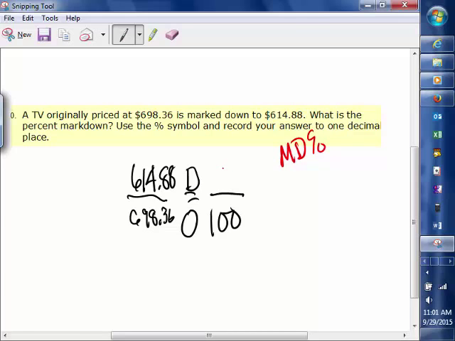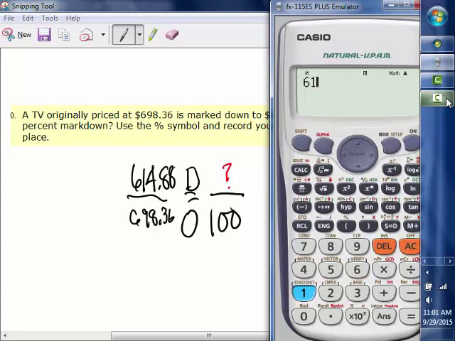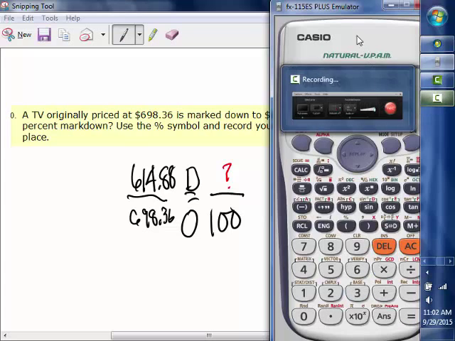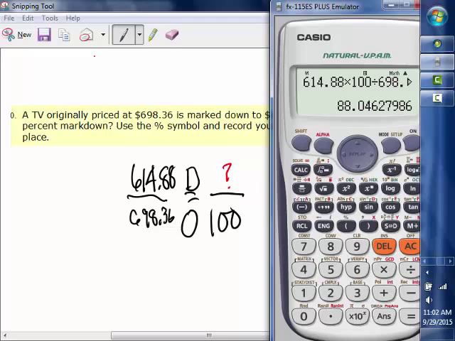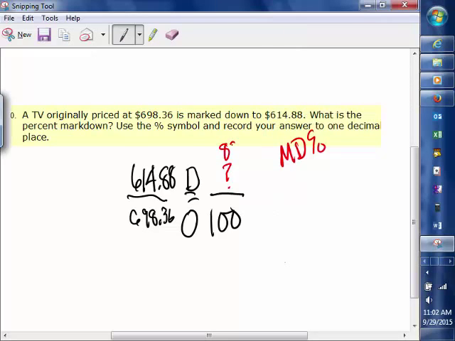Okay, so since we're looking for this number here, we're going to cross multiply and divide. 614.88 times 100 divided by 698.36 is 88%. Okay, so this is 88%.